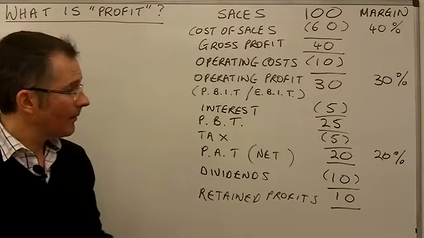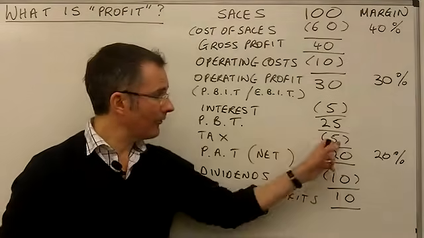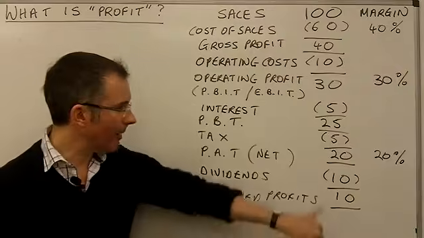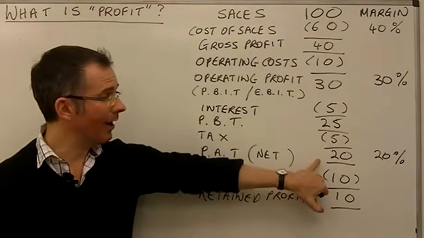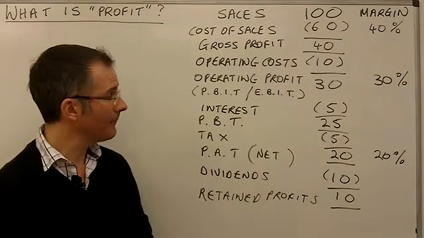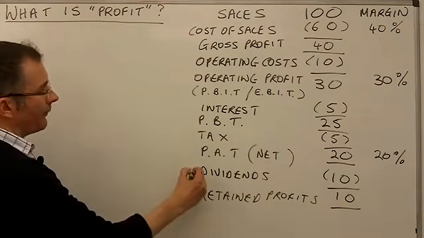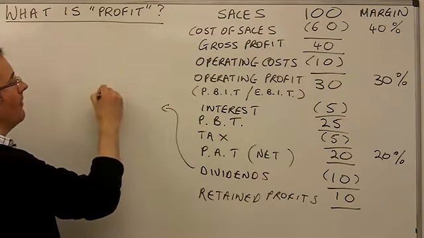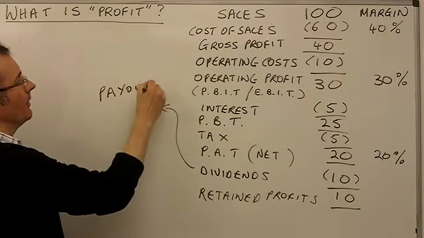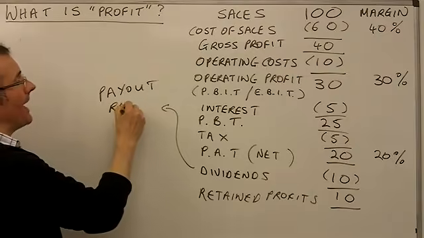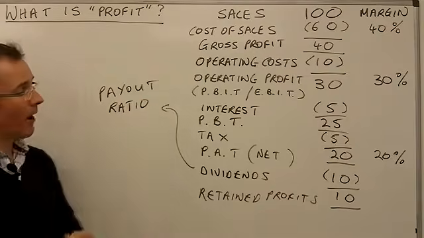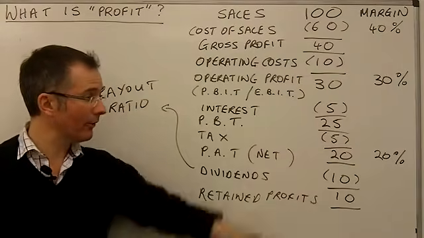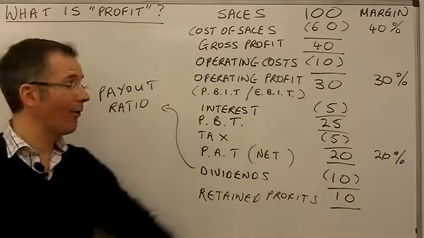And actually, people would look at this and say, well, okay, the directors are paying out half the profit after tax as dividends. So in that case, the so-called payout ratio, that's the amount of profits paid out as a dividend rather than being kept back in the business, is half, or 50%.